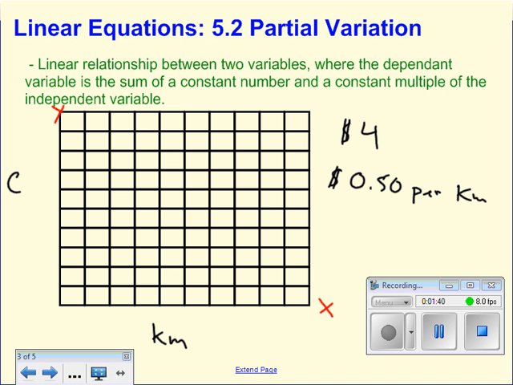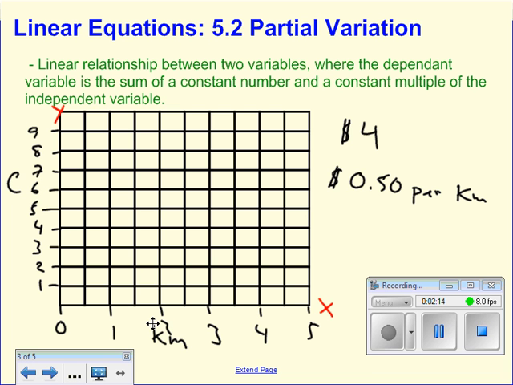So I have 0, 1, 2, 3, 4, 5 kilometers, and going this way I have 1, 2, 3, 4, 5, 6, 7, 8, and 9.